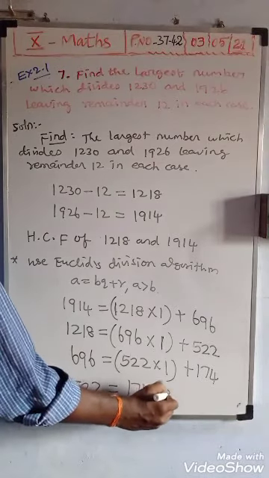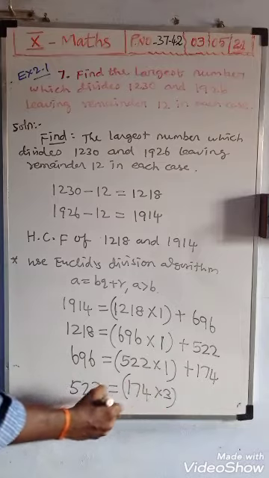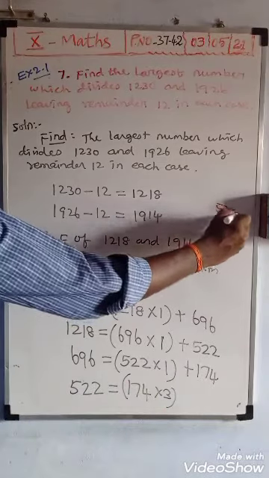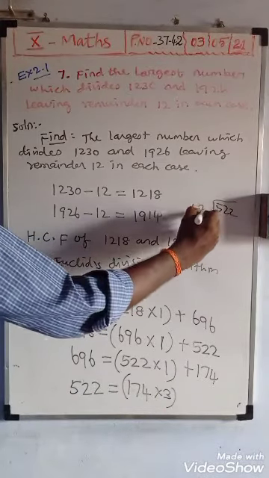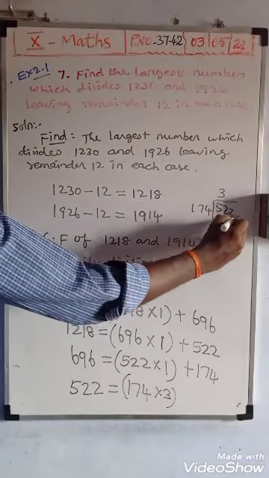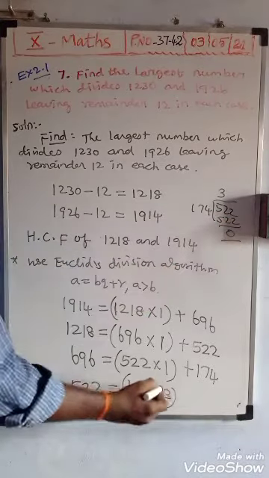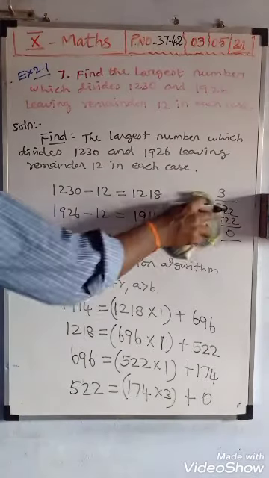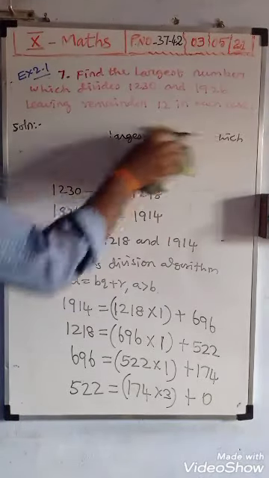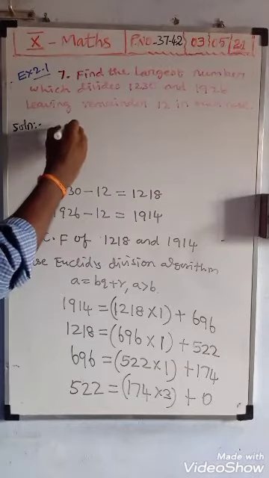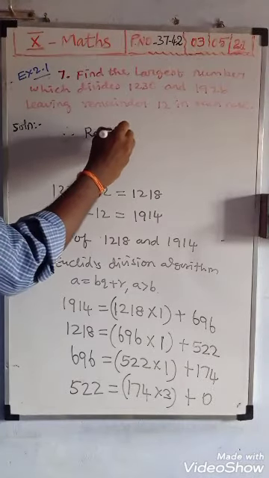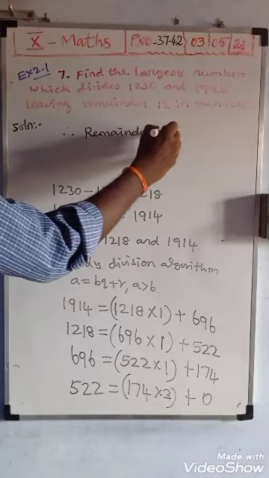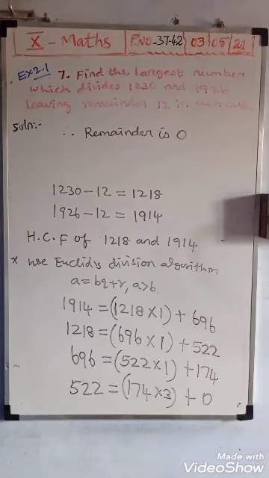Three times is possible. So divide 522 by 174: three times gives 522, and the remainder we receive is 0. Therefore the remainder is 0.